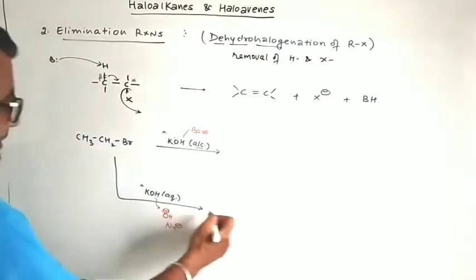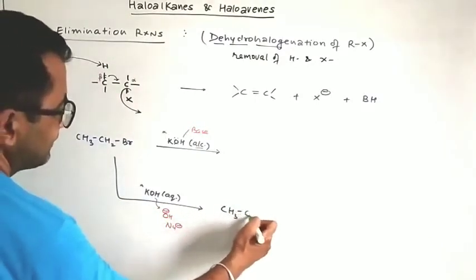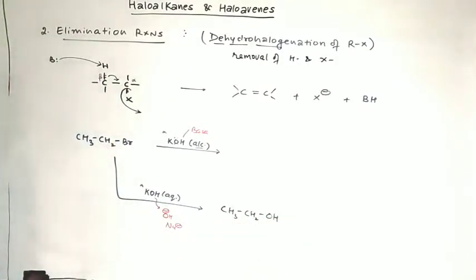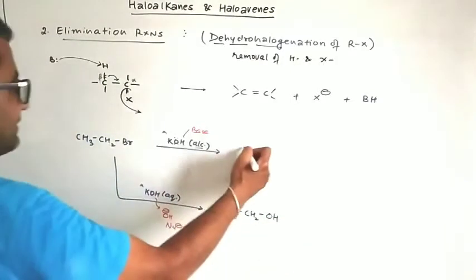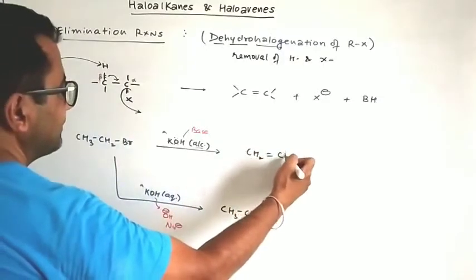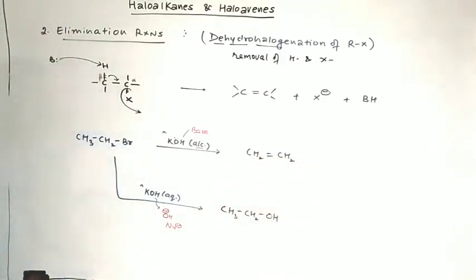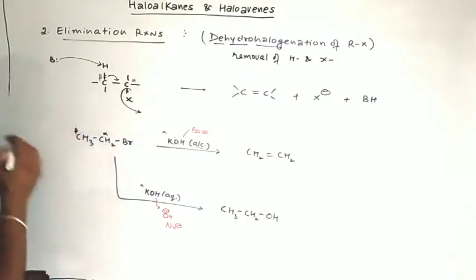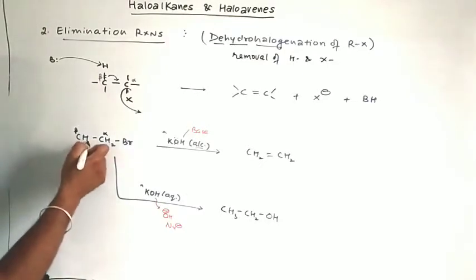That's the difference. So what different products are formed? In the first case, we get a simple nucleophilic substitution reaction, alcohol. But here we get CH2 double bond CH2, dehydrohalogenation. And this base abstracts protons, this is alpha, this is beta. Suppose there are two protons.